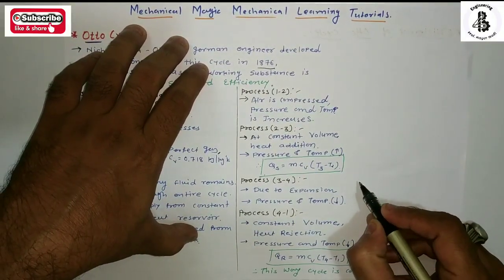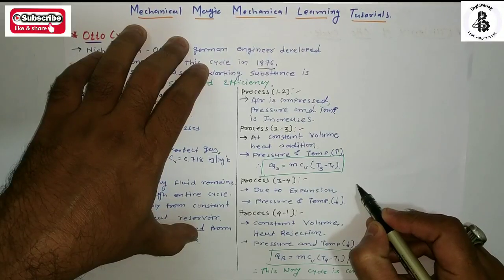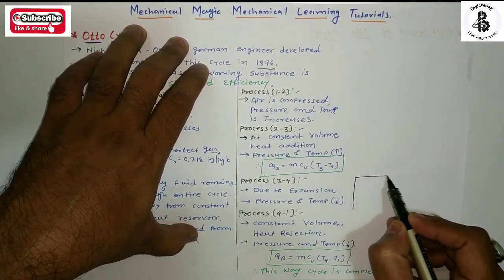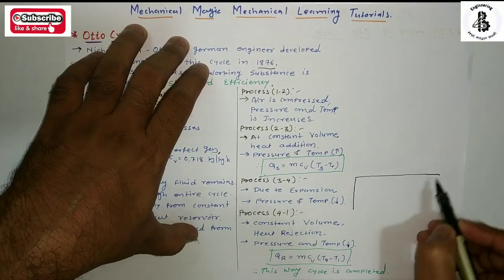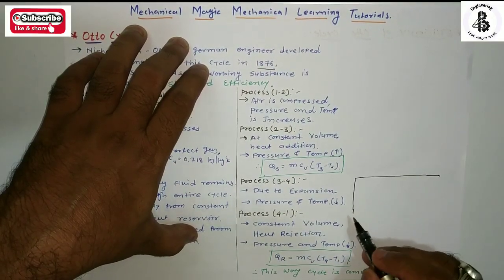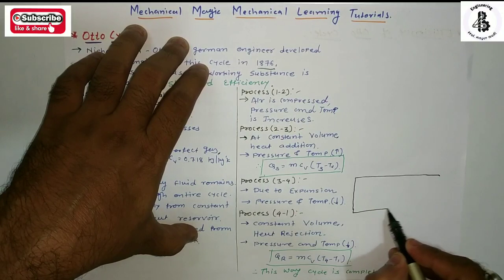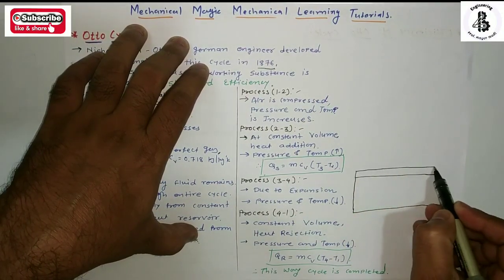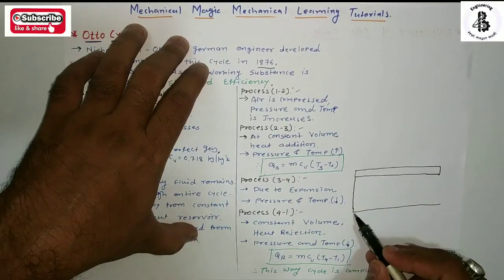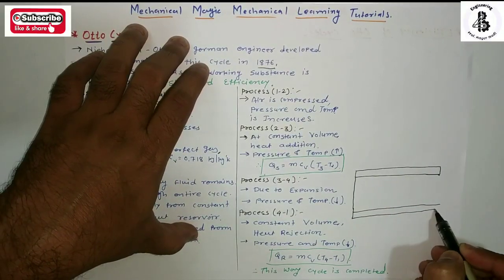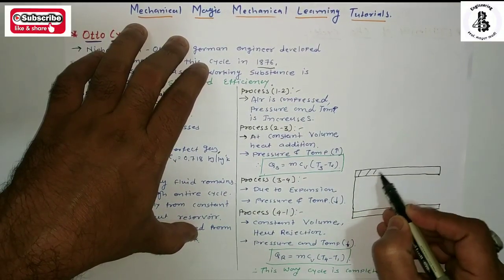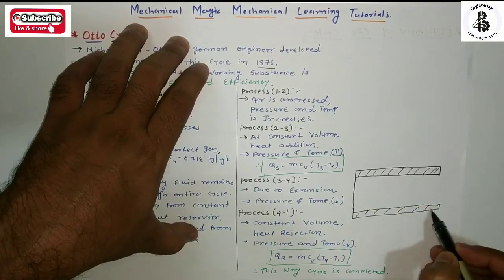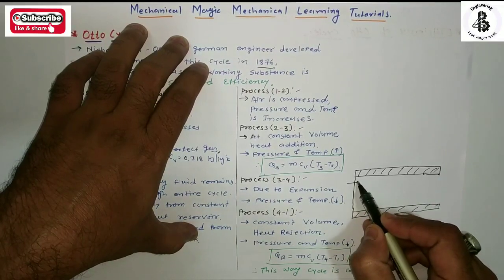Let's see a piston cylinder mechanism. Here you can see the container, the insulators like this, and here the valves.